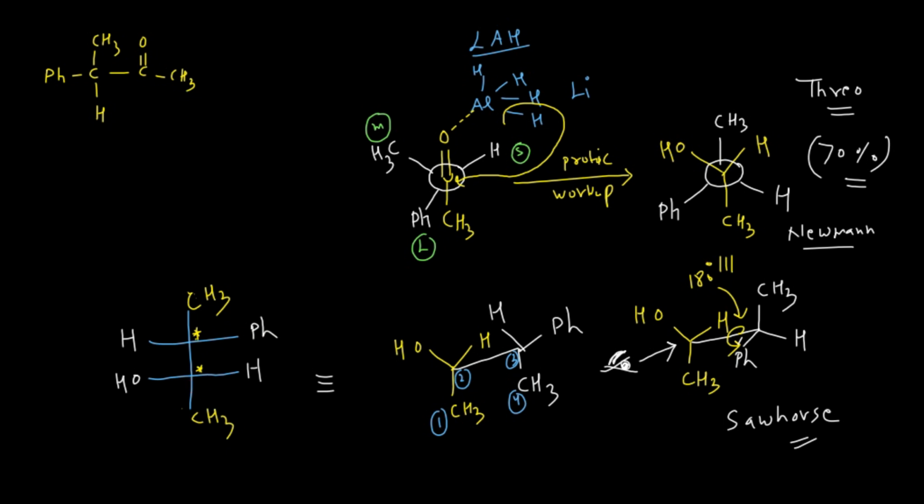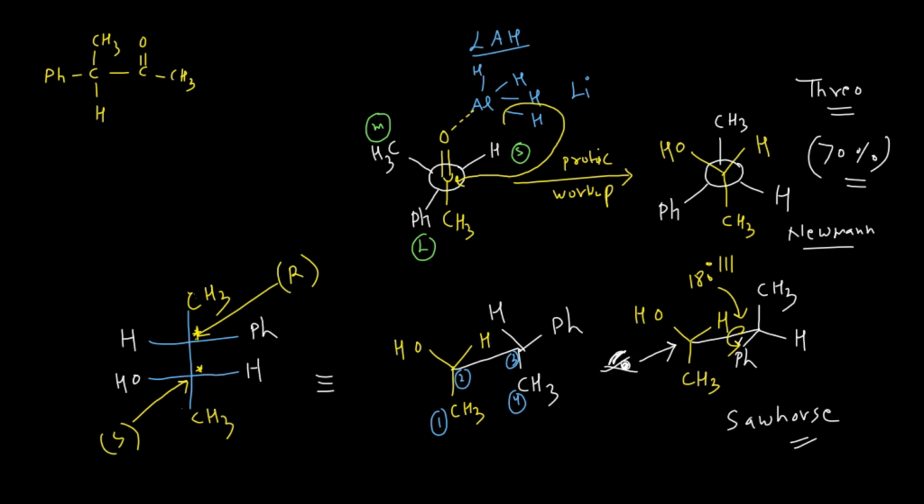And if you assign the configuration of these chiral centers, then you will find this chiral carbon has the configuration of R, and that particular carbon has the configuration of S, right? I hope you are aware how to give the absolute configuration to the chiral carbons, that means the RS system of nomenclature, rectus and sinister.